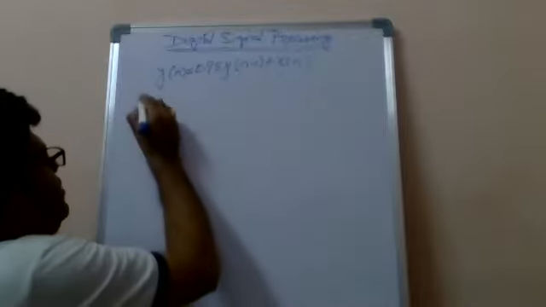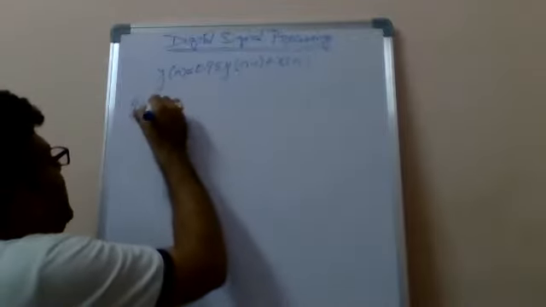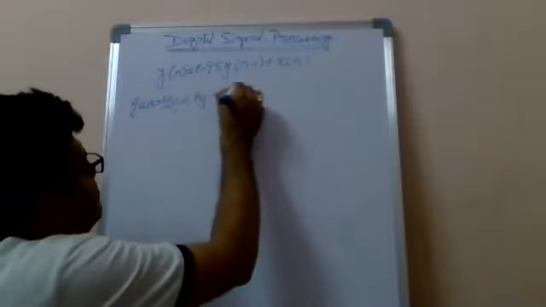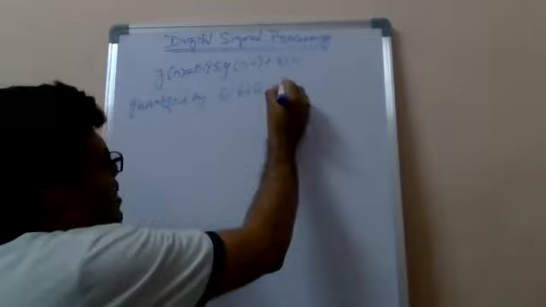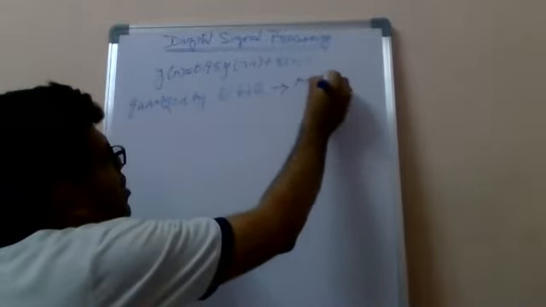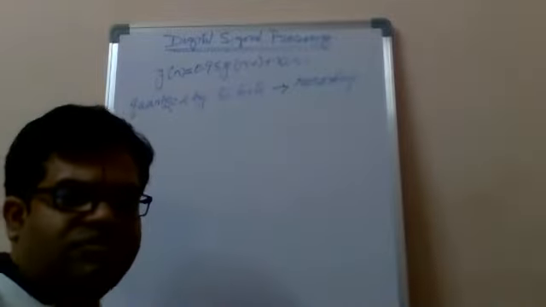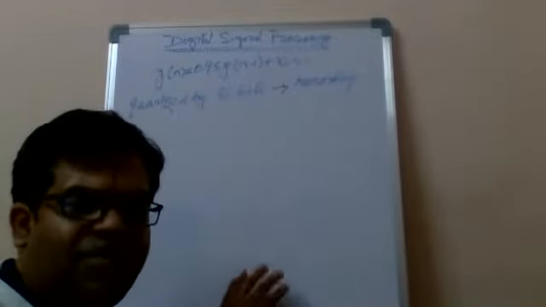Here the product is quantized to 5 bits, and obviously we apply rounding, as I told you, since rounding gives a more accurate result compared to truncation.